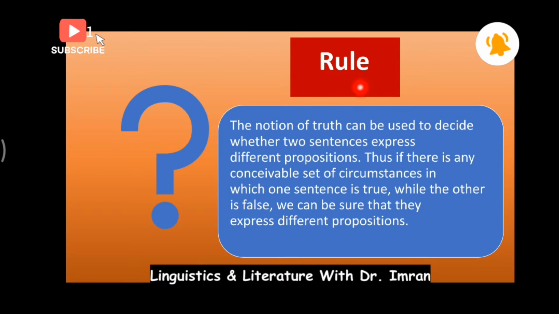So we have a rule for this. The notion of truth can be used to decide whether two sentences express different propositions. Thus, if there is any conceivable set of circumstances in which one sentence is true while the other is false, we can be sure that they express different propositions.